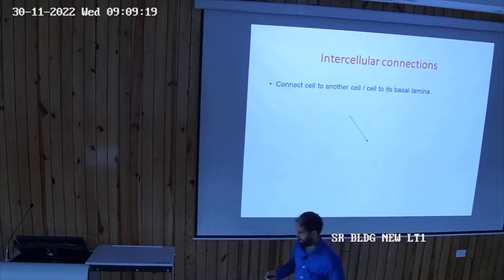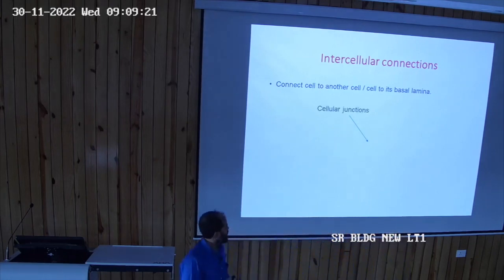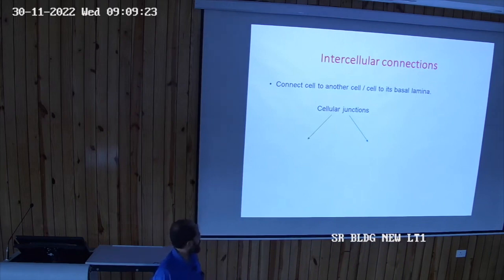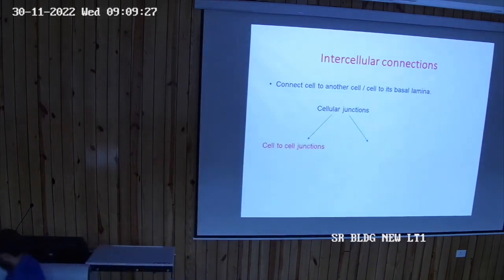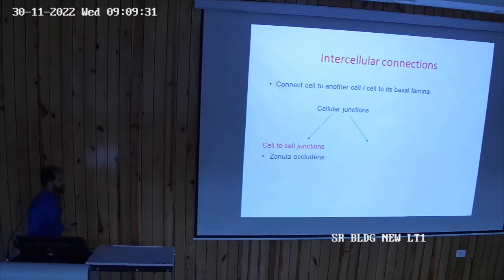So there are two categories here: cell to cell connections, and cell to basal lamina. Which ones come under cell to cell junctions? Like zonula occludens, which occlude completely. We will also call this tight junctions, since they occlude.